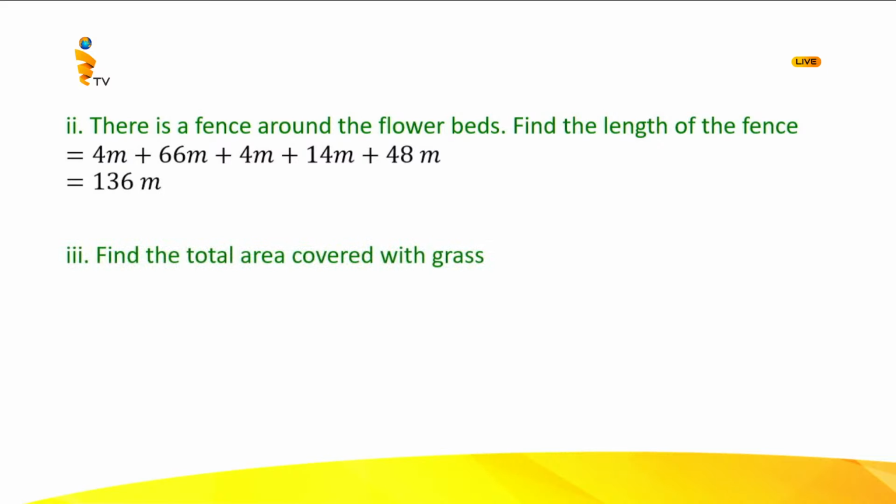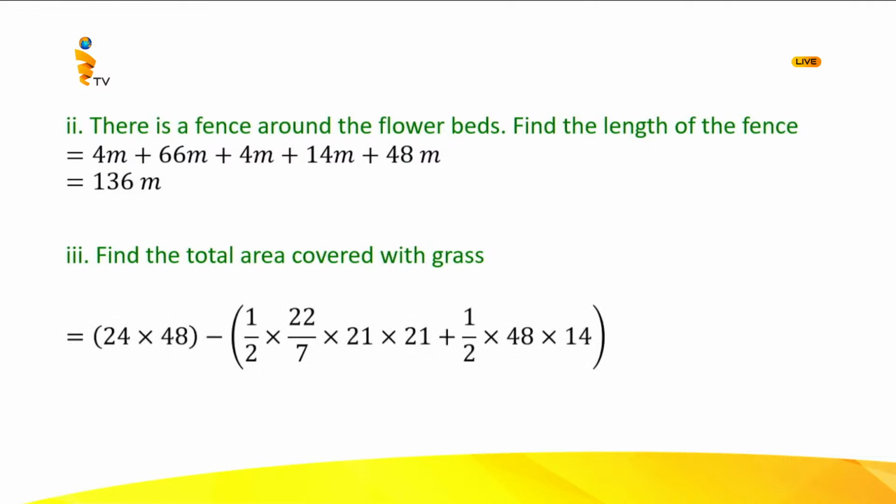The third part: find the total area covered with grass. To find the total area covered with grass, you have to subtract the area of the semicircular part and the area of the triangular part from the area of the rectangle. The area of the rectangle is obtained by multiplying 24 by 48, and the area of the semicircular part is obtained by multiplying half times 22 over 7 times 21 times 21.